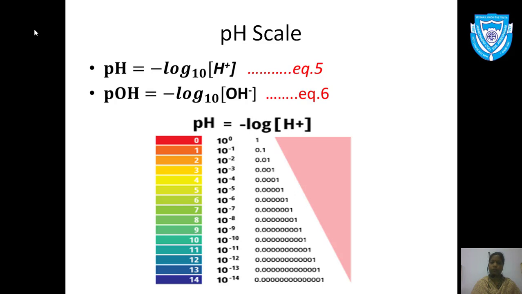Log of 10 raised to minus 1 is minus 1, and this minus 1 and the other minus 1 become plus 1. In the same way 0.01 becomes 10 raised to minus 2. Minus log of 10 raised to minus 2 is nothing but 2.